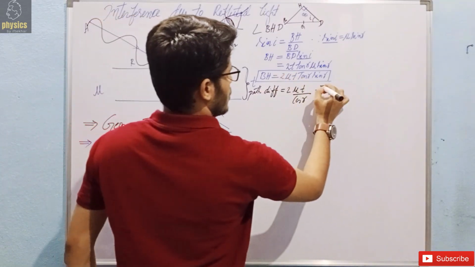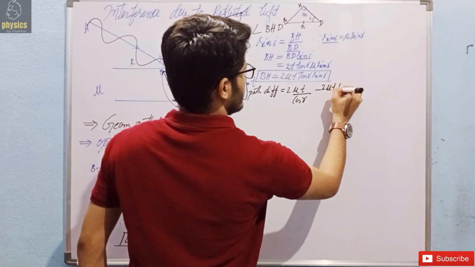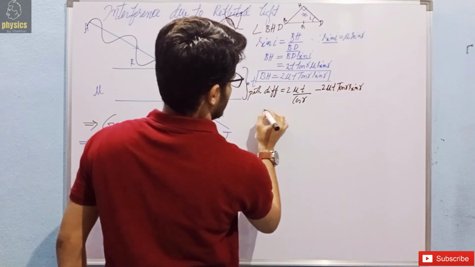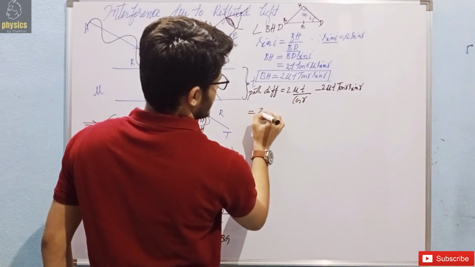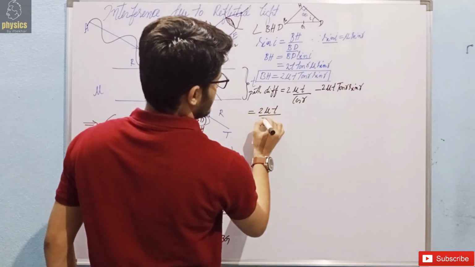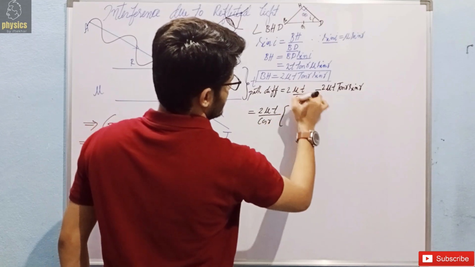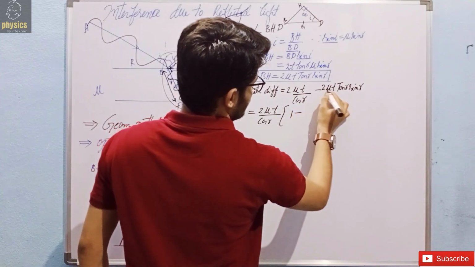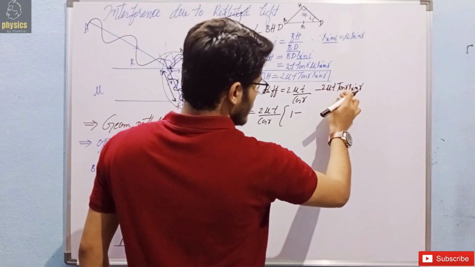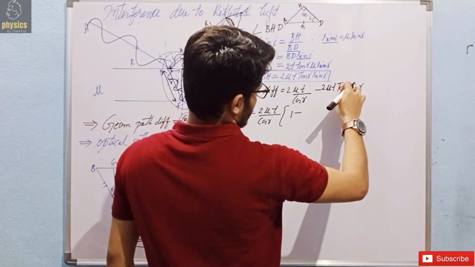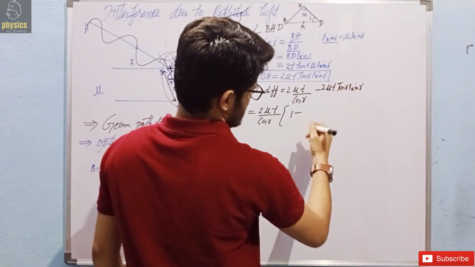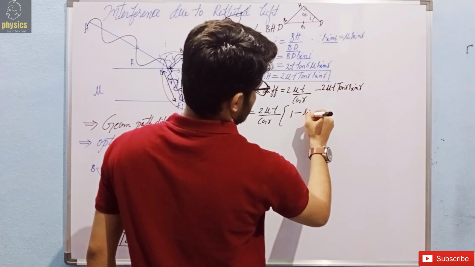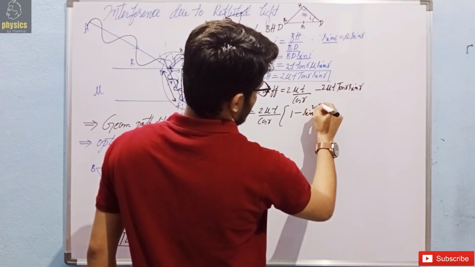BH is this thing, 2 mu T tan R sin R. So from here I am taking common 2 mu T by cos R, and 1 will be remaining, minus tan R is sine R by cos R. The cos R is gone. Sine R will be there, and there will be one more sine R. So it is going to be sine square R.